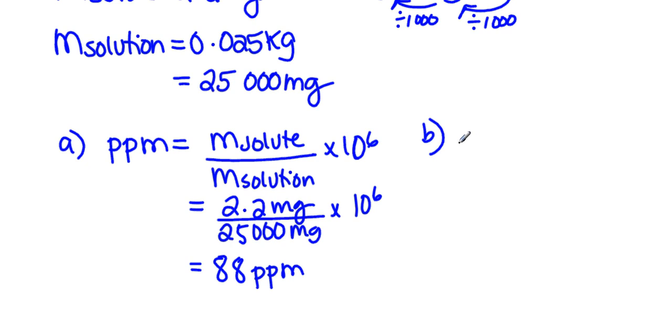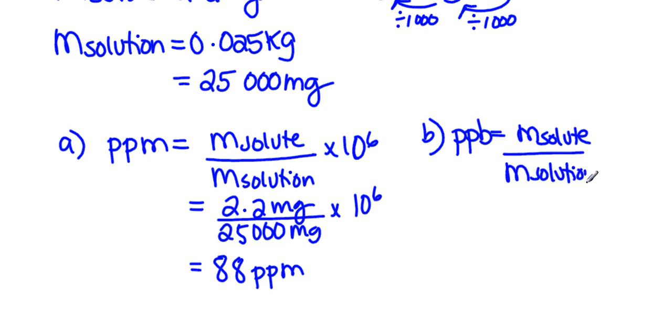All right, let's try it for parts per billion. Or if you haven't tried one yet, now that you see how parts per million works, pause it and try out parts per billion just to see if you can get the hang of using the formula yourself. So remember, with both of these formulas, they look the same, except for that 10 factor.